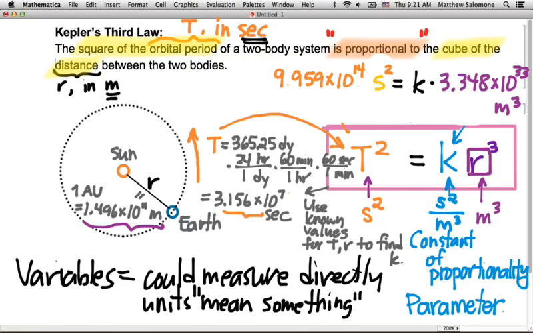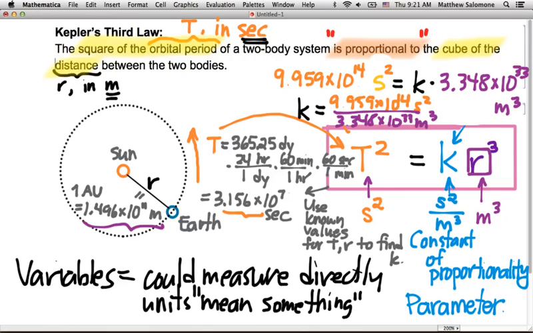And so how do I find k? I just have to divide. 9.959 times 10 to the 14 square seconds divided by 3.348 times 10 to the 33 cubic meters.